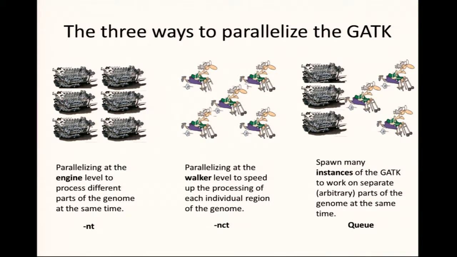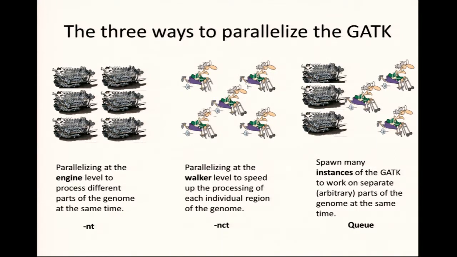For the -nct option, that's a little more subtle. This means that the walker itself is having part of its processing, the map part of its MapReduce framework, parallelized.